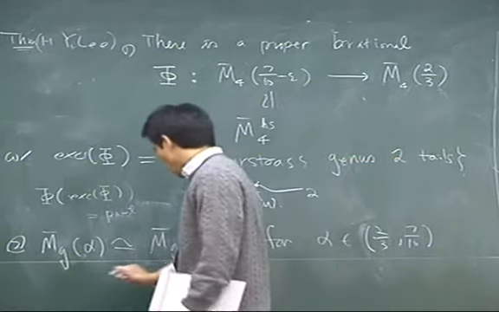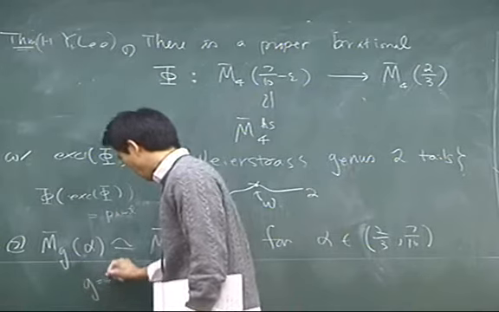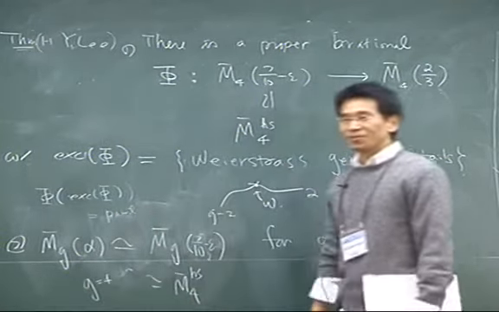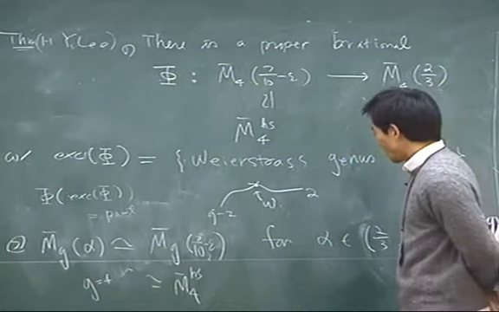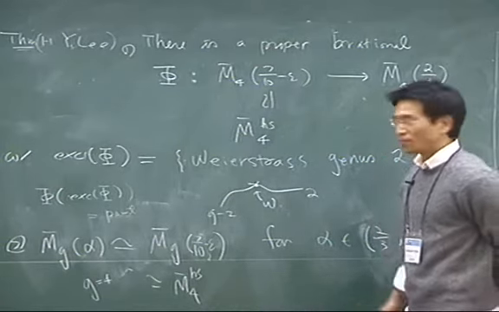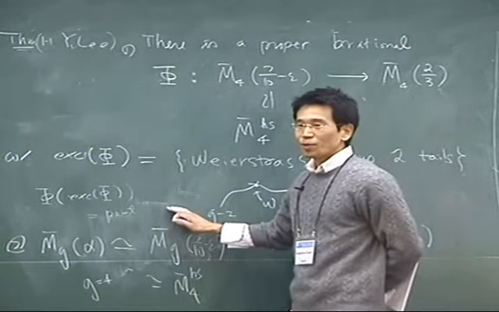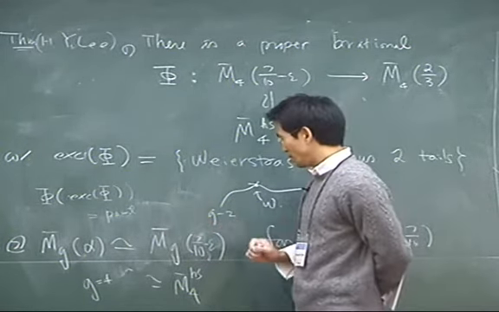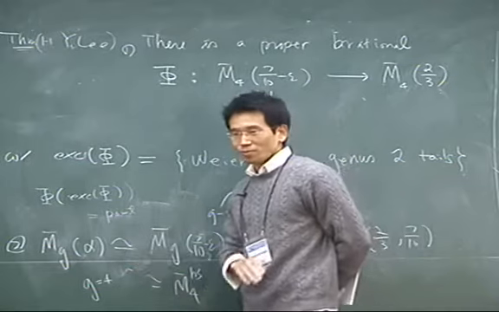M2? Yes, g is 4. Sorry, g is 4. Thank you. But we are almost sure that we don't have the GIT for this 2/3 yet, but when we have the GIT, we'll have this isomorphism.